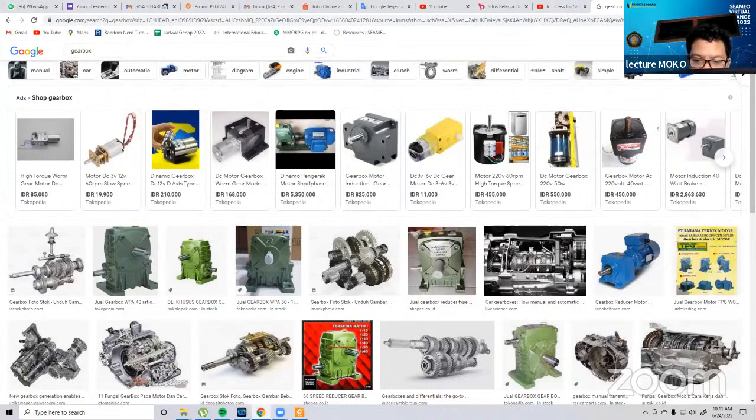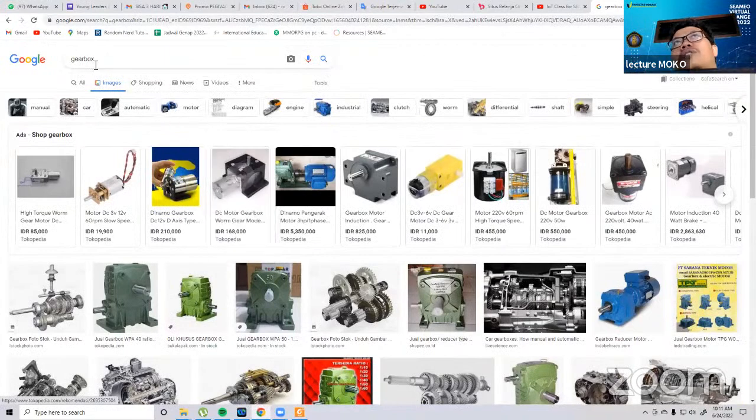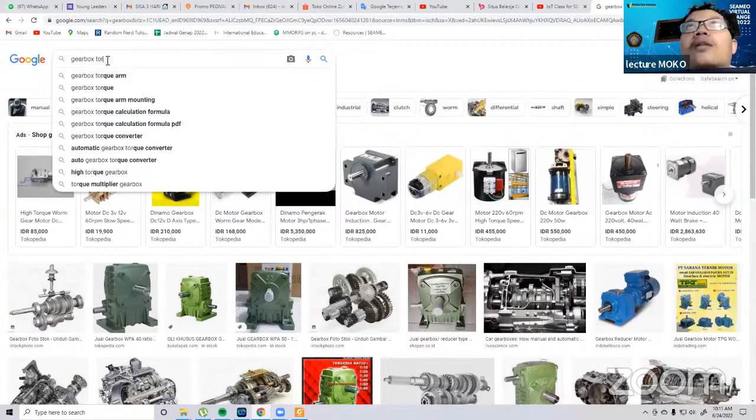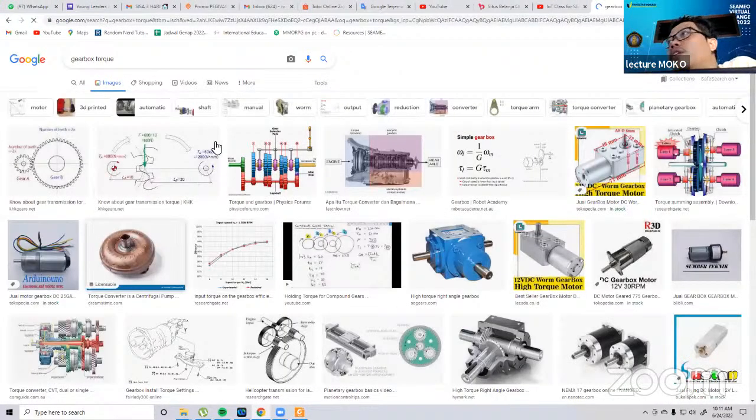It produces the torque. In Indonesia we call it torque, but I don't know what you call it in your country. In English it's torque.